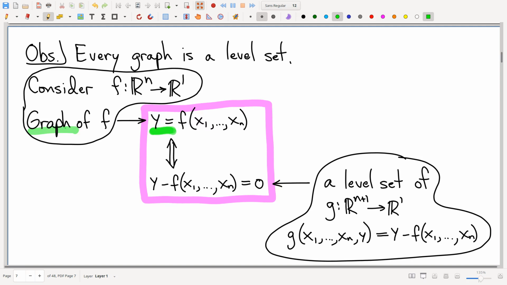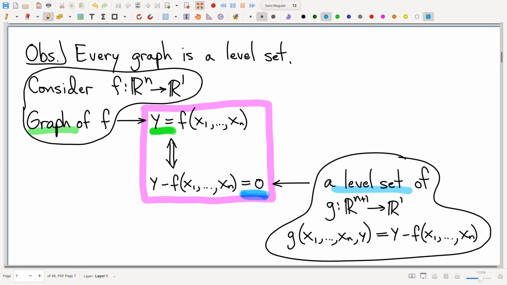Okay, now what's on the bottom line here? The bottom line, well, I have equals constant. That means that I'm looking at a level set in the bottom line. So in some sense, we've already kind of done the work. You can see now that what came to us as a graph, we are now interpreting as a level set. So therefore, every graph is a level set.